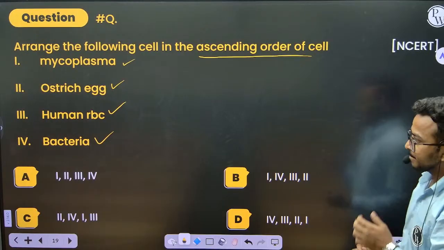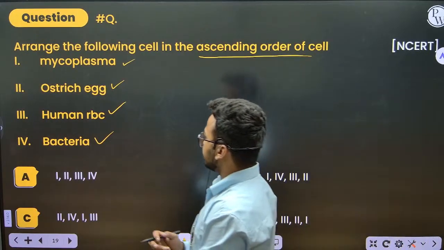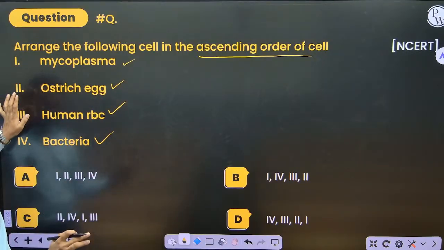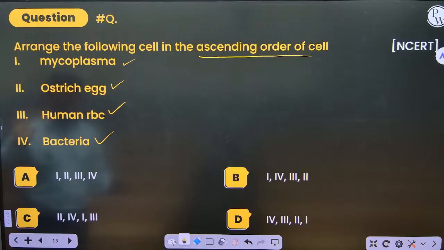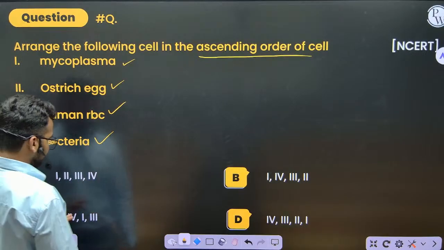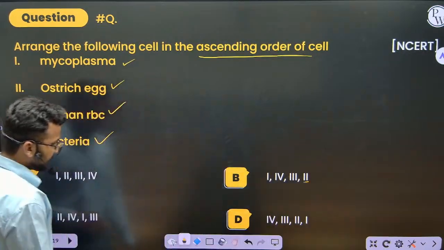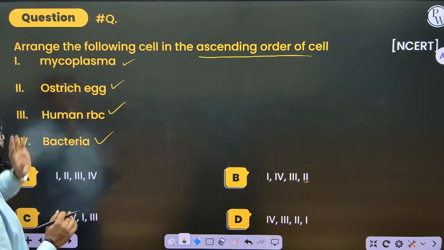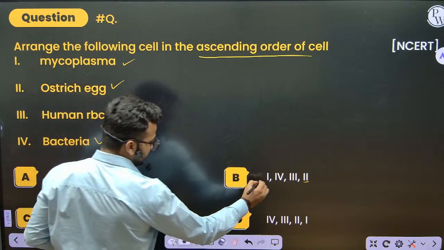We know that the ostrich egg is the largest cell, so the second option should be at the end. Next we go for the smallest cell, mycoplasma, so it is first.